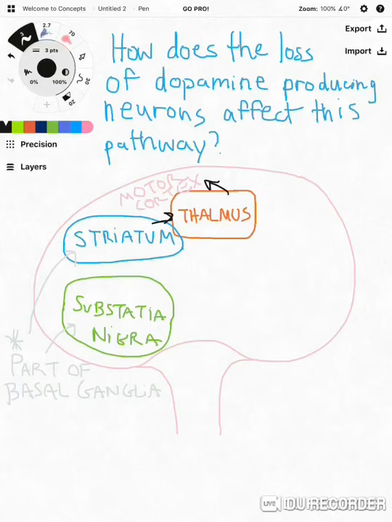If we look at the figure below, we can see two of the structures in the basal ganglia, the substantia nigra and the striatum. The substantia nigra is the main area that's involved in this disease. So within the substantia nigra are the dopamine neurons. We can draw these here.